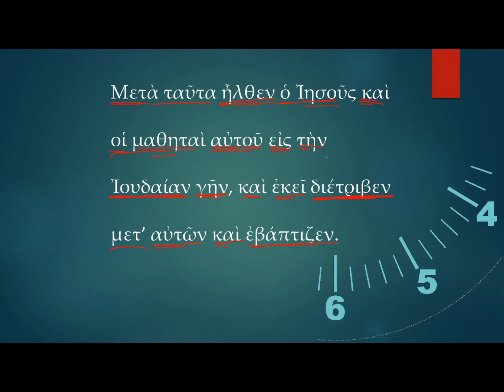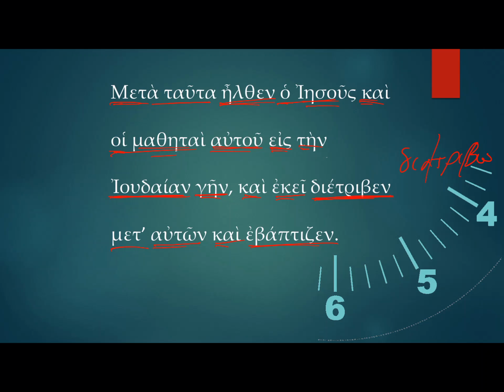Okay, when we have a compound verb, that is a verb that's made up of a root and usually a preposition on the front of it, then instead of the augment coming before the preposition, it would come before the root. And so the root of this would be diatribo, okay?